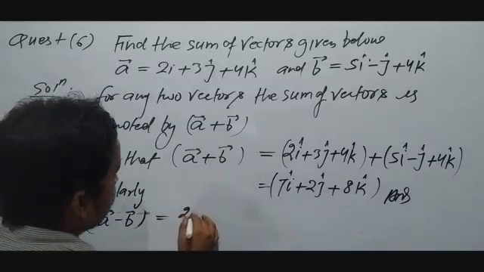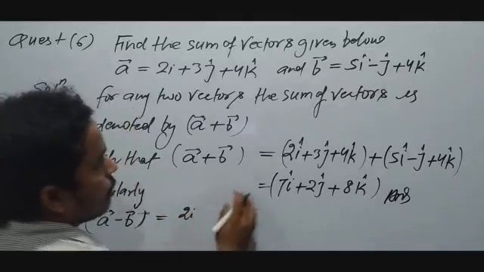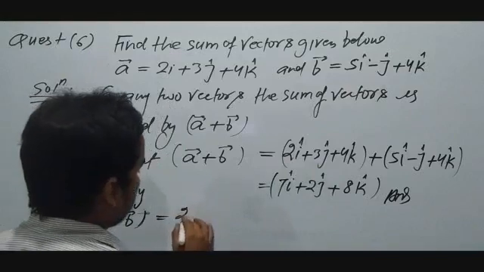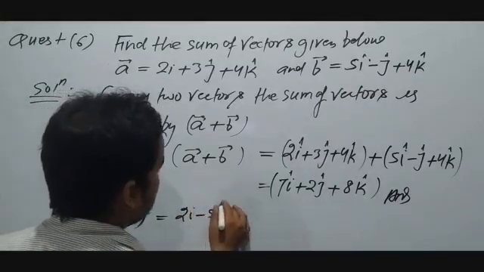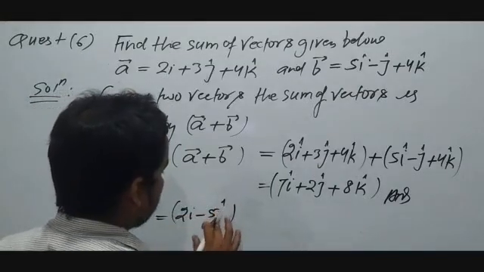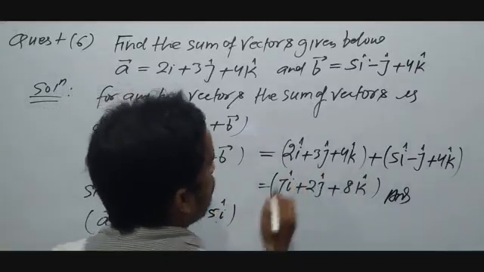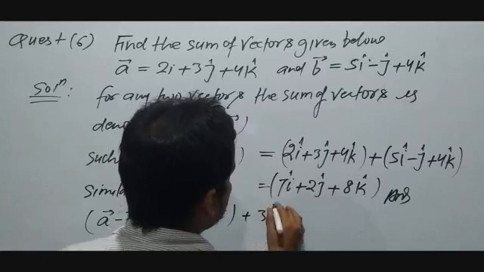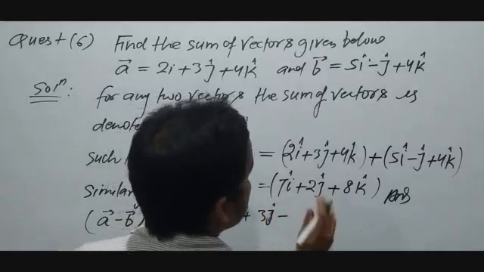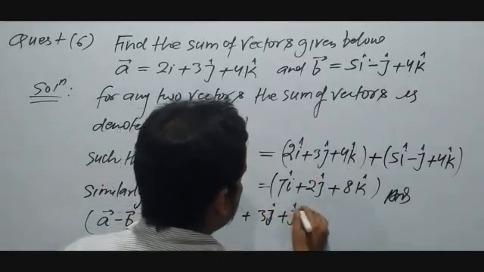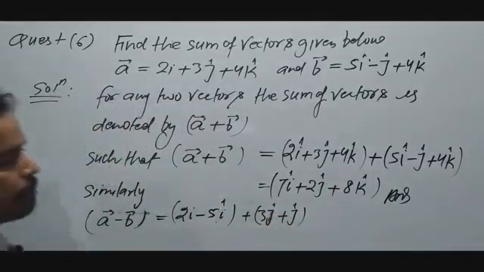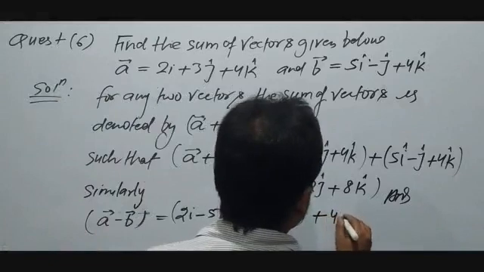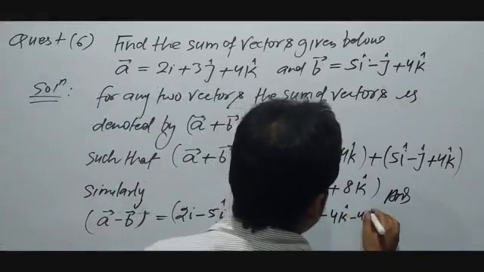That can be written as 2i minus 5i, and plus 3j, minus j means plus j will be here, so 3j plus j, and plus 4k minus 4k.